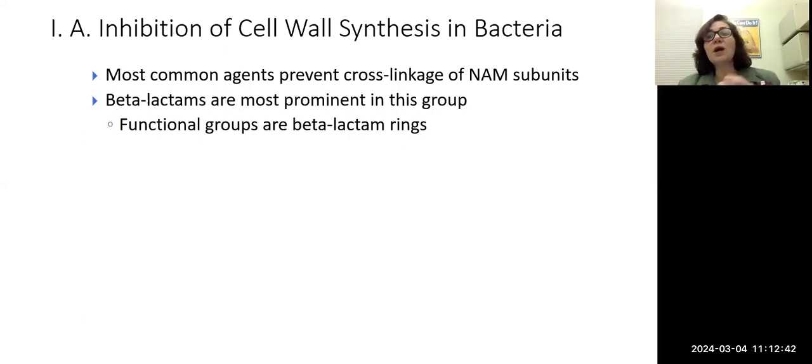The most prominent kind of drug in this group, they're referred to as the beta-lactams, and I do need you to know that. As in nursing, although we will not be prescribing the medications ourselves, we are the ones that administer the drugs. Let me just tell you what happens in the clinic.